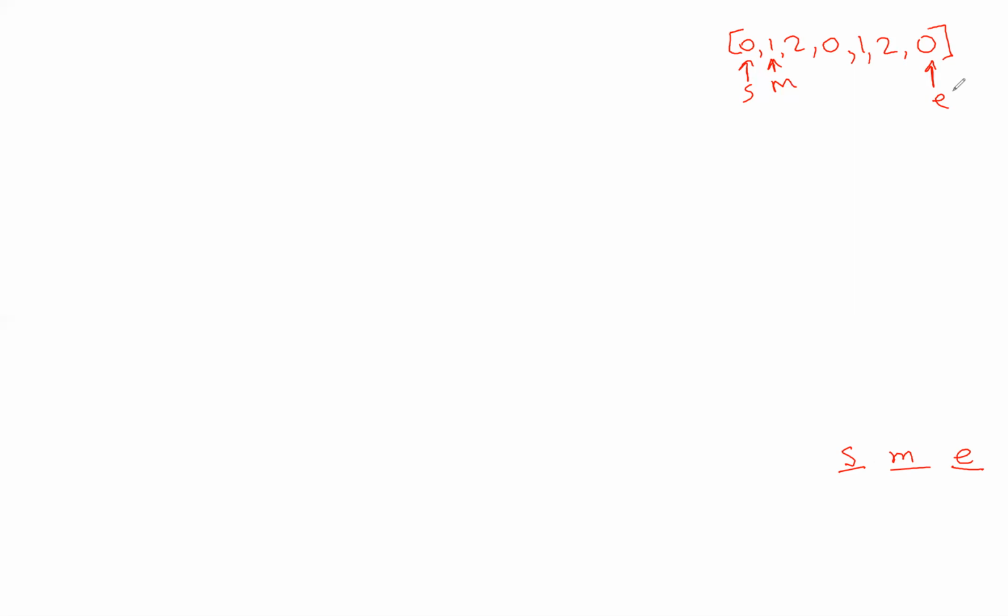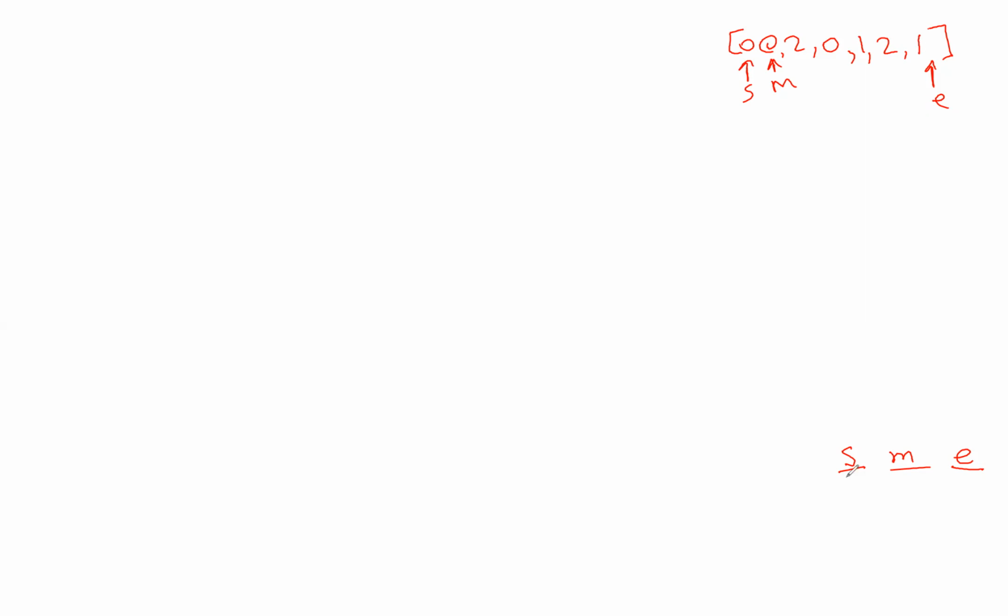Each time we go through, we look at M and E, and if M is greater than E, then we need to swap them. So let's swap those. Now M is 0 and E is 1.